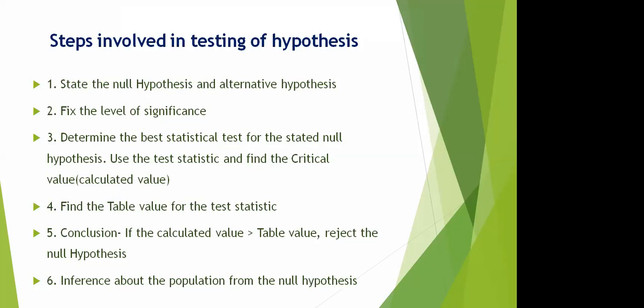Next, we have to fix the level of significance, that is, how confident the researcher will be with his results. We can put 3 levels of significance: he may be 90% confident, or 95% confident, or 99% confident. If he is 95% confident, the rest 5% may be the chance of error, so the predictions made by the researcher may vary for 5%, and will be accurate for 95%.